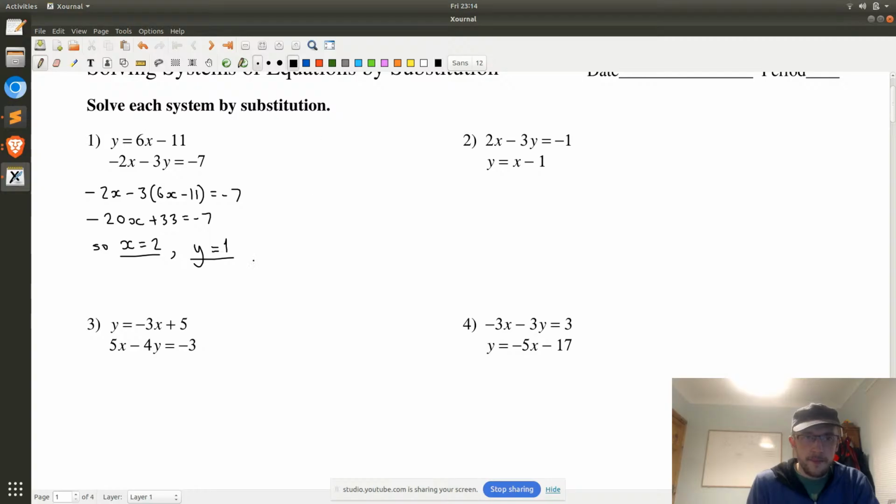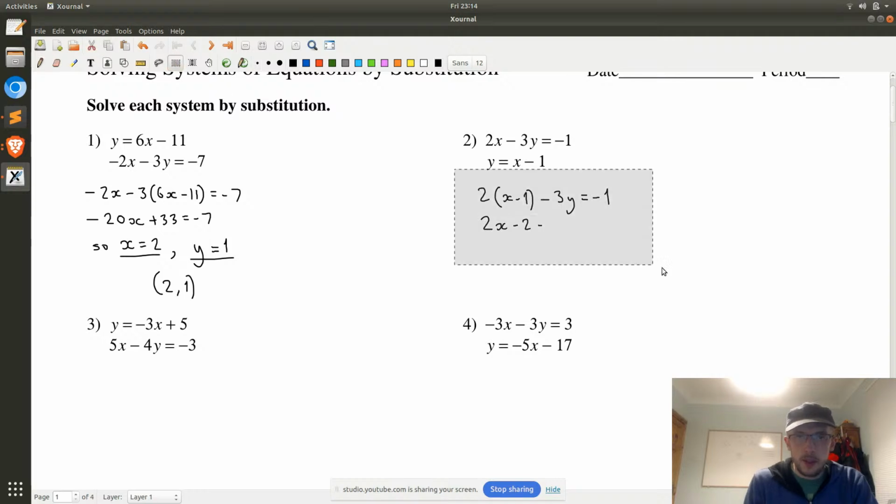There. 2, 1 if you like. Okay, y is x - 1, so I'll just plug it up there. Expand. Uh-oh. That was a mistake. Try again.